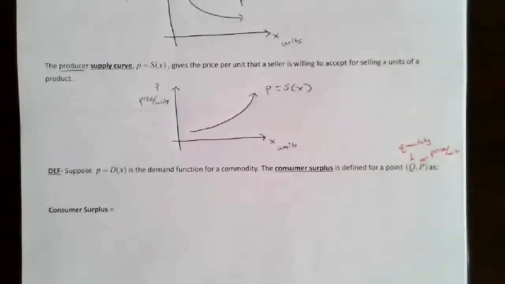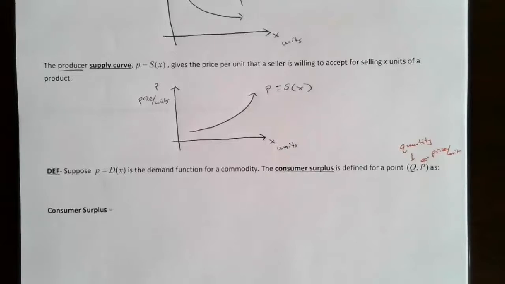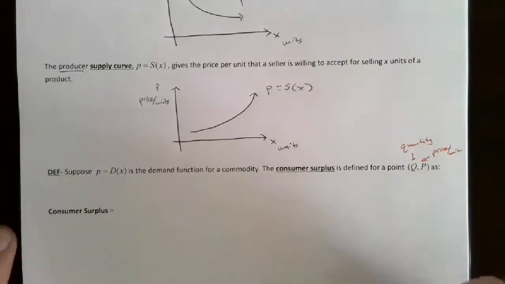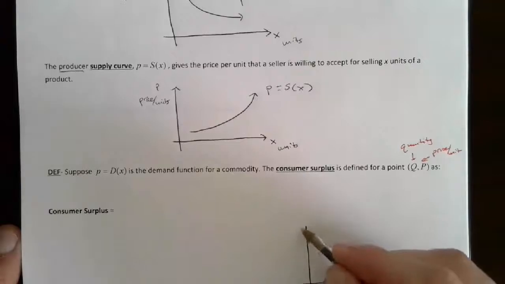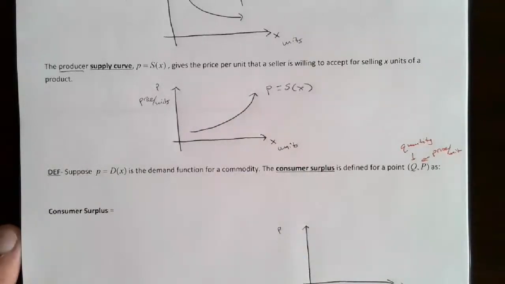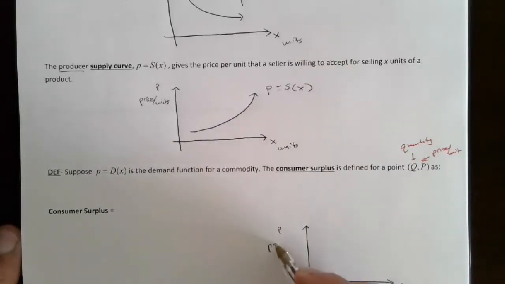When we talk about consumer surplus, maybe I'll draw you a little sketch of it. Suppose you had some sort of curve here. X is the number of units, and P is the price per unit.